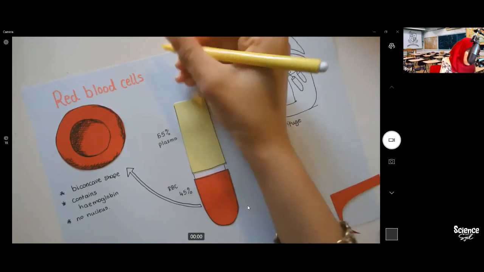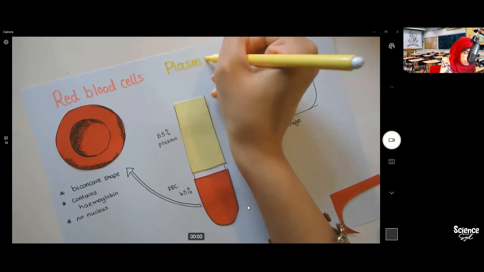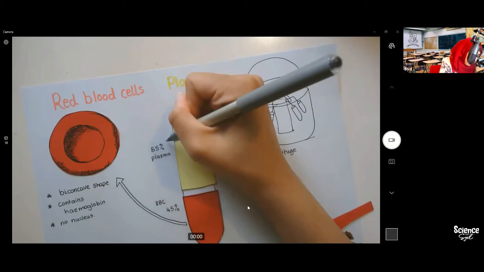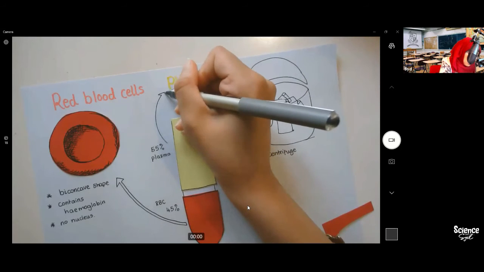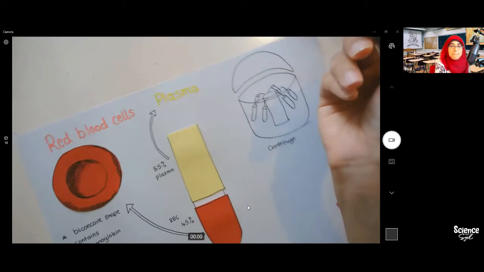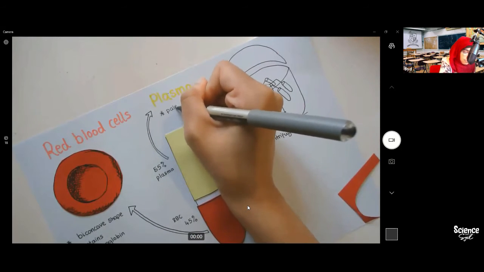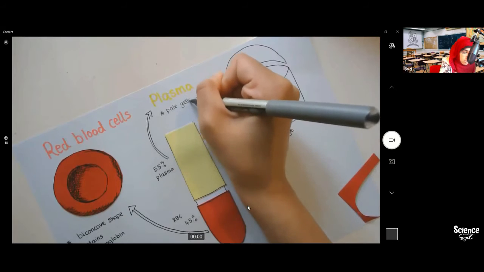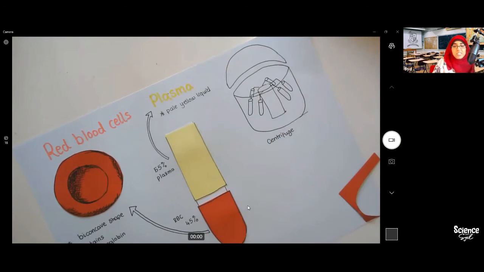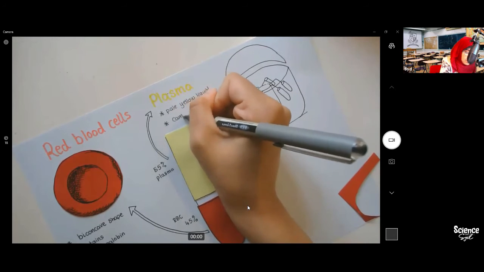So let's write over here, plasma. And I'm going to draw an arrow where we're going to point to plasma. And we're going to say that this is a pale yellow liquid, and it carries things. Okay, so I'm going to label a few things that I've said.